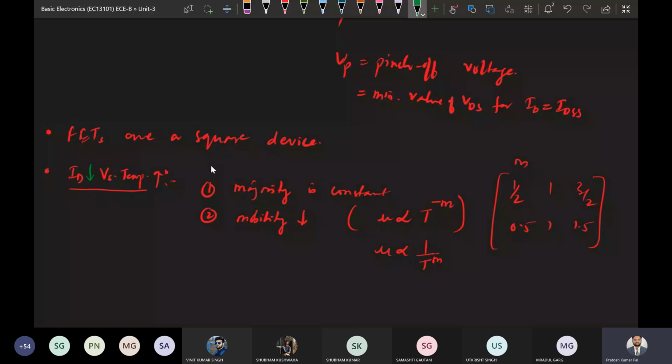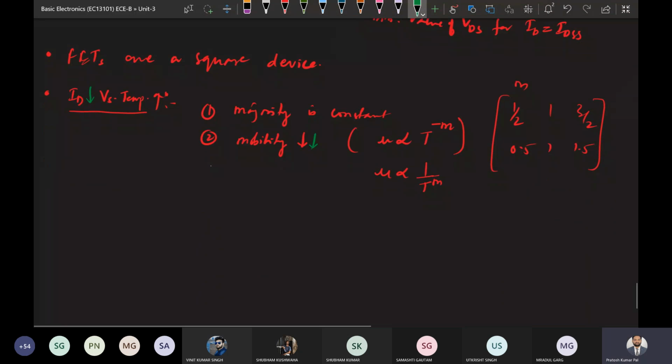This decrease is because of the decrease in mobility. It is not because of minority carrier relation, because there is no minority carrier in FETs basically. So this is the current equation and the variation of current with respect to temperature, and it depends on the gate to source voltage.